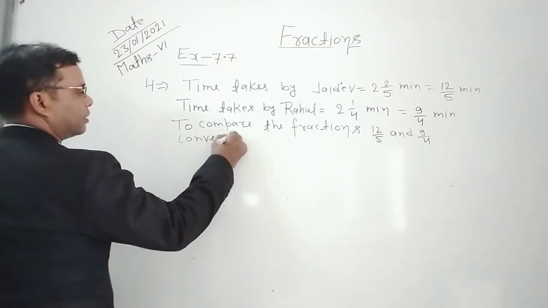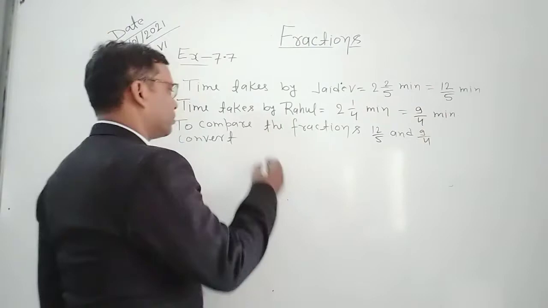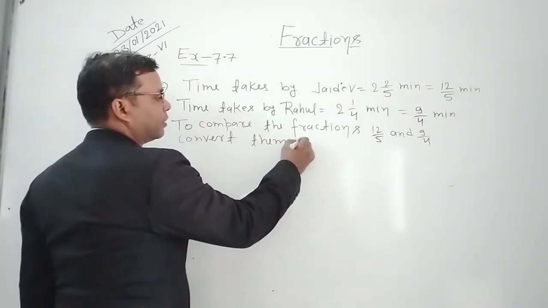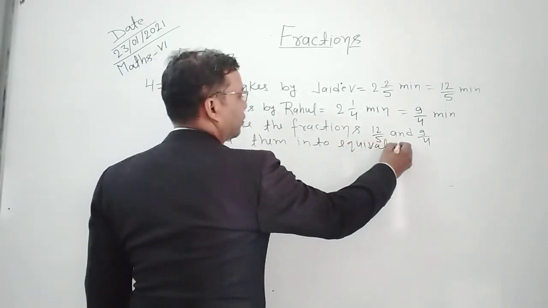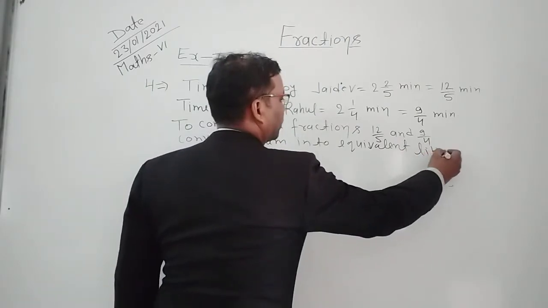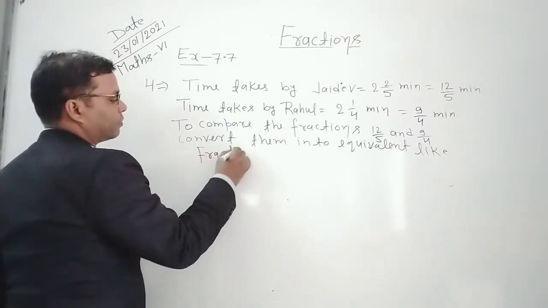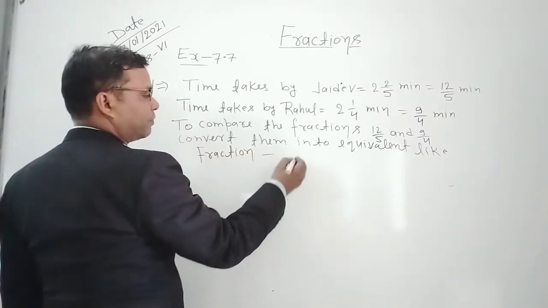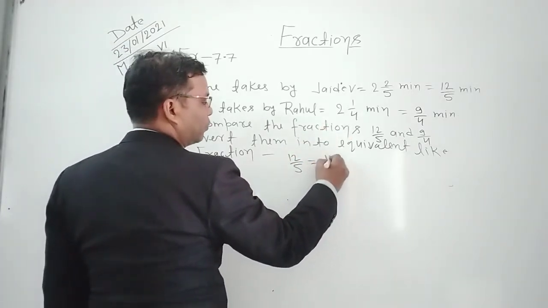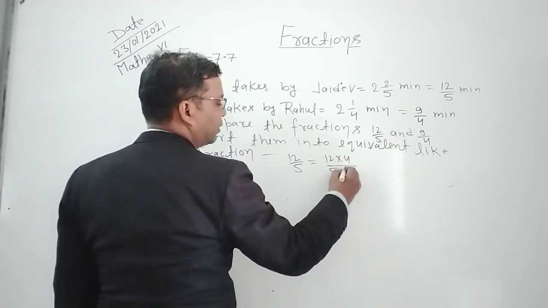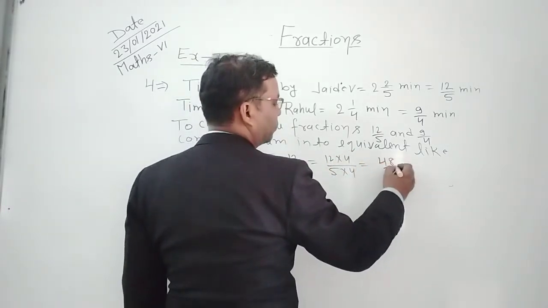Convert both 12 by 5 and 9 by 4 into equivalent like fractions. So 12 by 5 you can write as 12 into 4 by 5 into 4, and this is equal to 48 by 20.